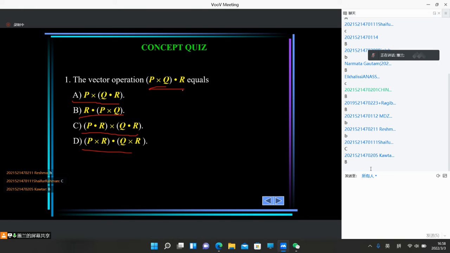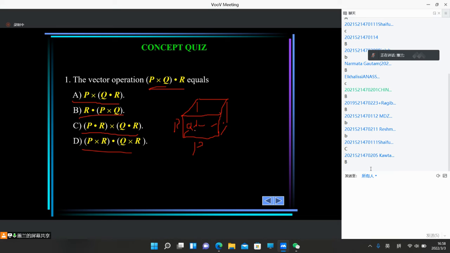And here P cross Q dot R is actually the volume of the hexahedron, not a cube. This is P, this is Q, this is R.